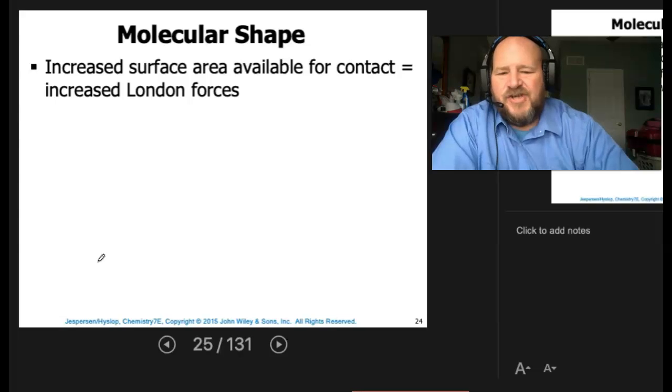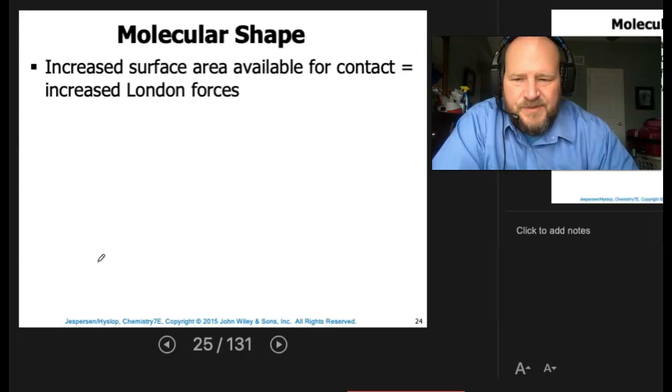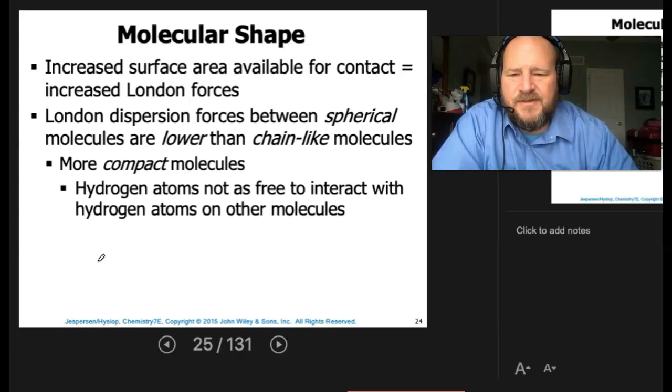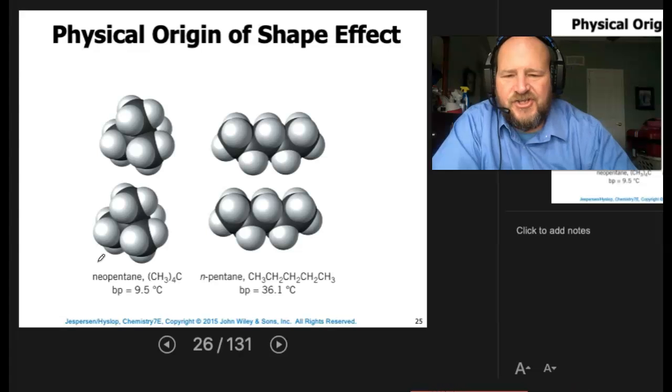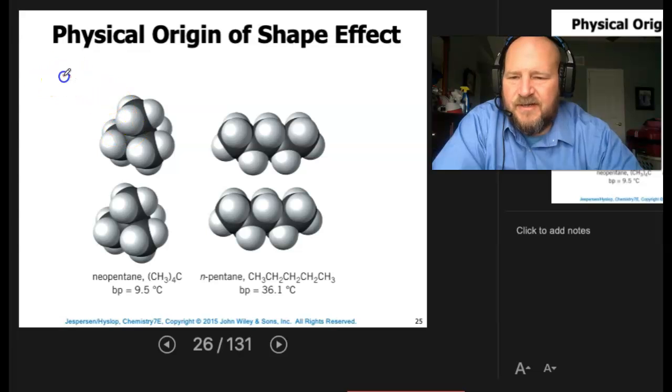All right, so molecular shape can also play a role. Increased surface area available for contact means increased London dispersion forces. In other words, if we have a compound that is a straight chain pentane, versus a neopentane. Neopentane is a little harder to tell what's going on here.